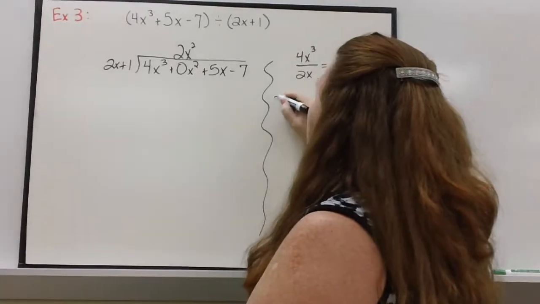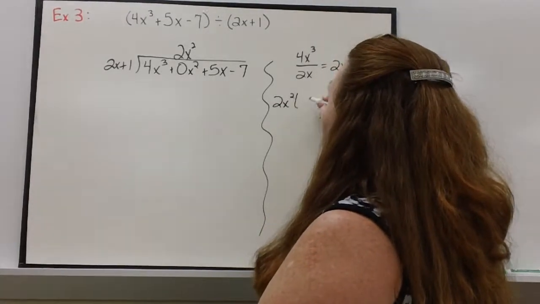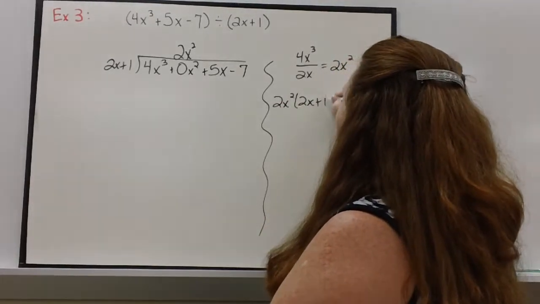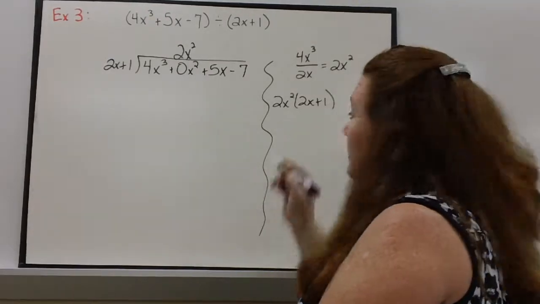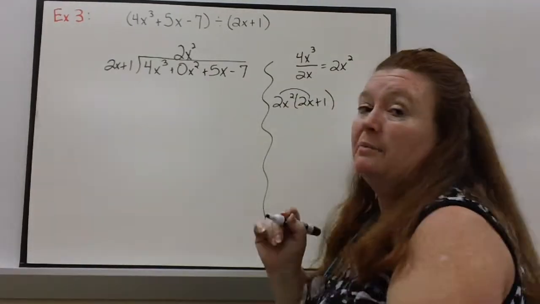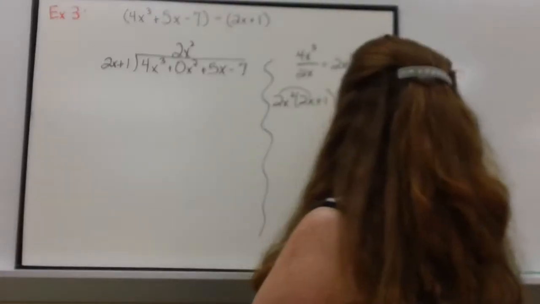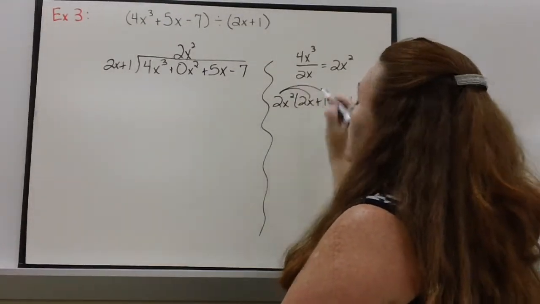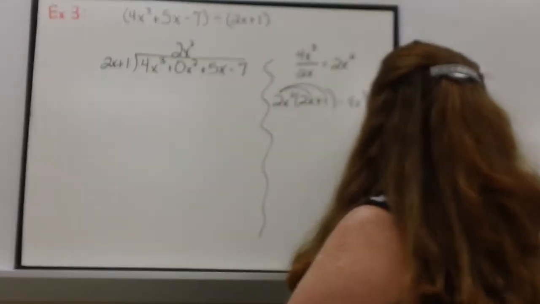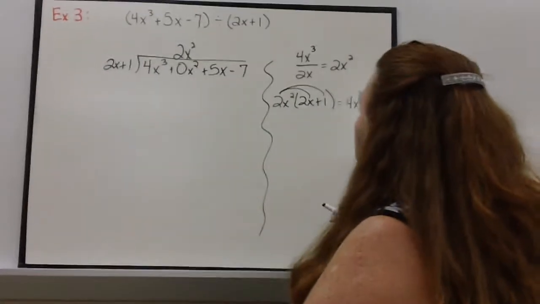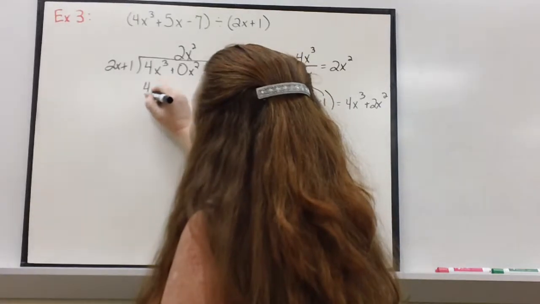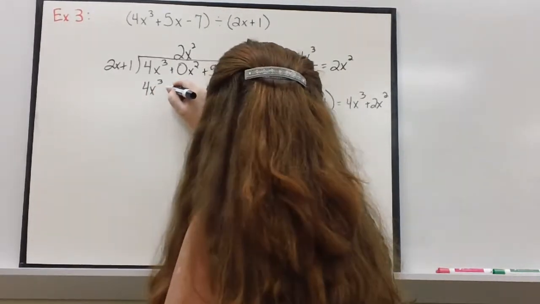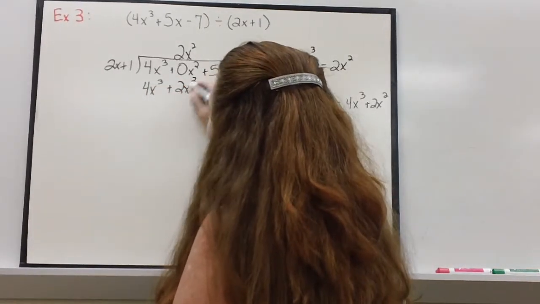Now this is where it's going to get a little dodgy. Distributive property. 2x squared times 2x is 4x cubed. 2x squared times 1 is 2x squared. All right, so let's write that down. 4x cubed plus 2x squared.